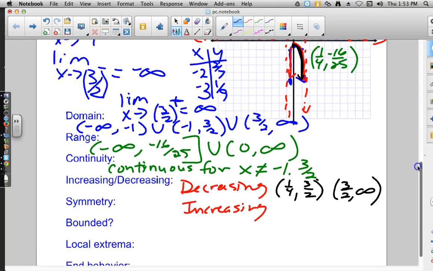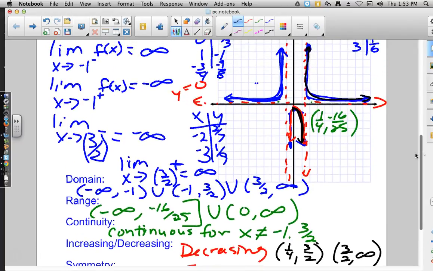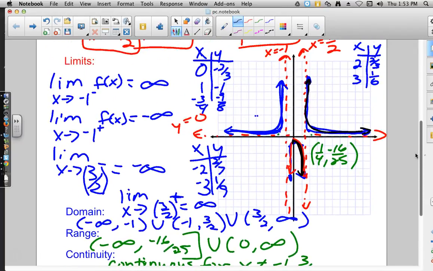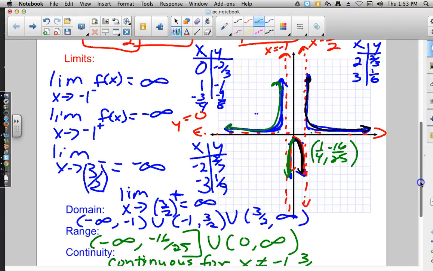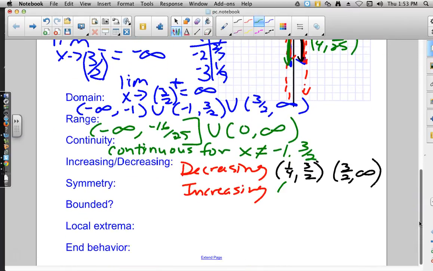So our increasing portions are going to be that leftmost branch. So this piece is increasing, and this piece is increasing inside here. So we're talking about negative infinity up to -1.